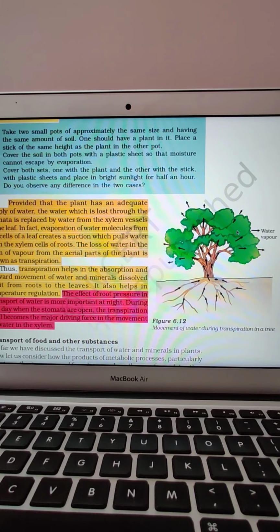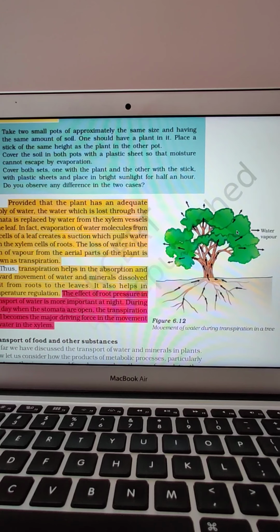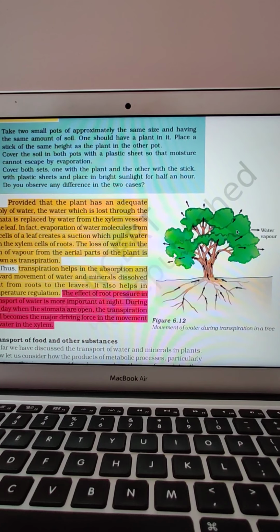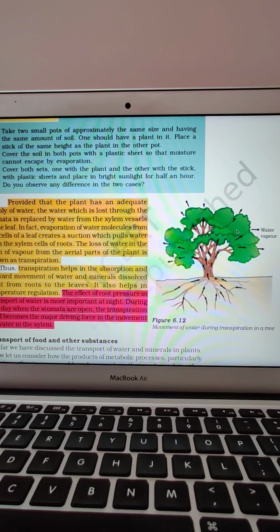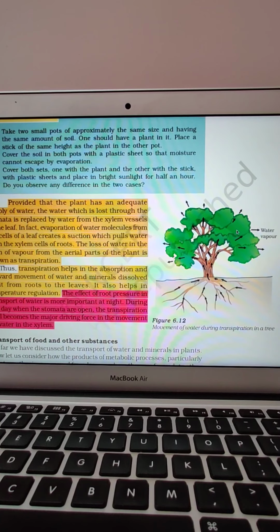Why? Because at night photosynthesis does not occur, stomata are closed, so transpiration also does not occur. So during night time, the major driving force is the root pressure only, and this is how water and minerals are transported in plants.